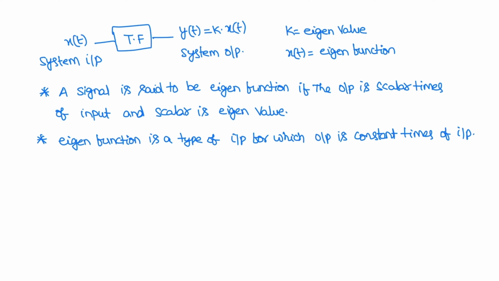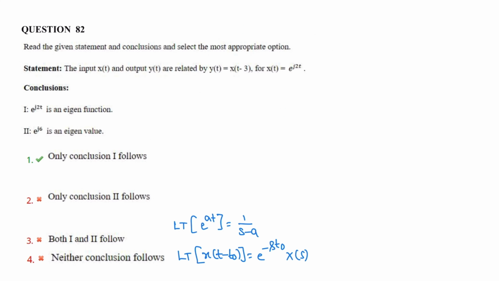A signal is said to be an eigenfunction if its output is a scalar times the input, and that scalar is the eigenvalue. An eigenfunction is a type of input for which the output is a constant times the input. Now we will calculate the eigenfunction and eigenvalue for the given system.